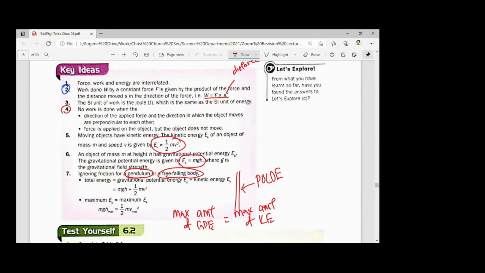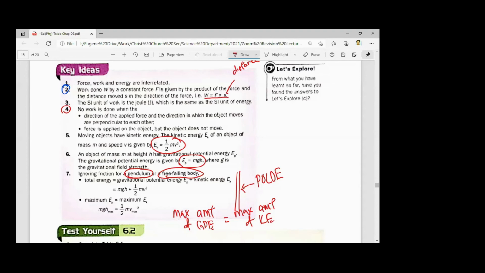Because as the object is falling down, the GPE is converted to KE. When all the GPE is converted to KE, that will be the point where it's at its lowest. And because all the GPE is converted to KE, the point where it has its lowest GPE is also the point where it has its maximum KE.